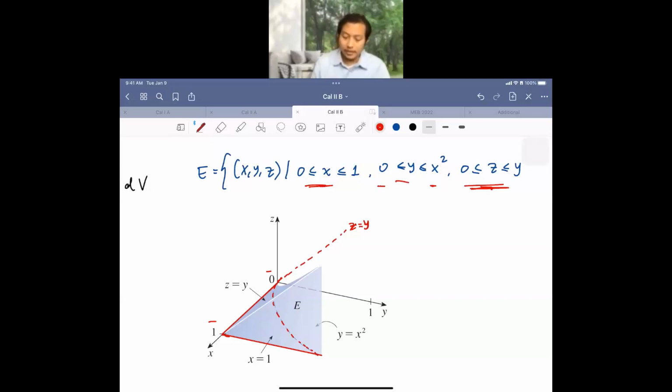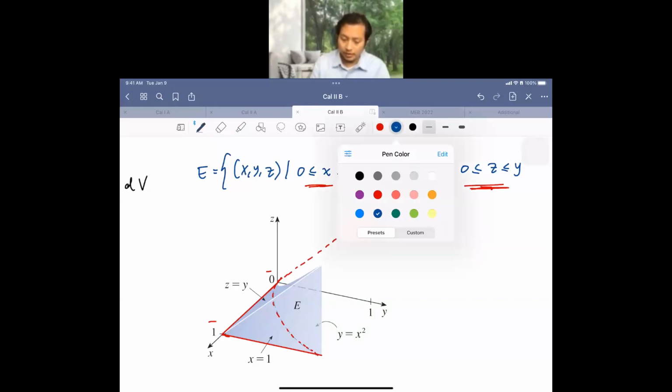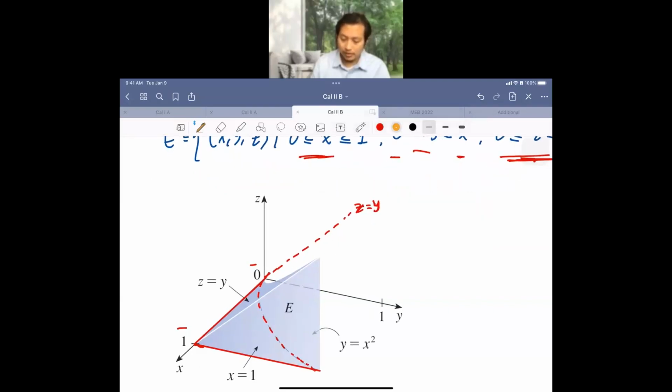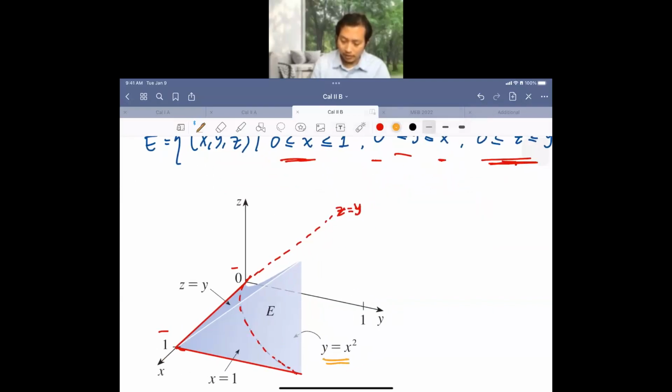Now the next thing is all the lines should be interconnected with each other. So first, if you look at this x squared, because z is equal to y, we could also write that z also equals x squared. Which we are going to have in this one.